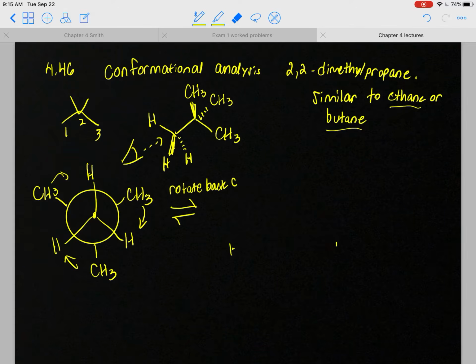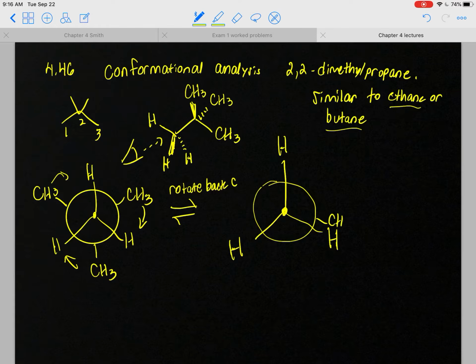It's kind of ugly looking, isn't it? Let's fix that. The methyl groups will all eclipse the hydrogen from the front carbon.